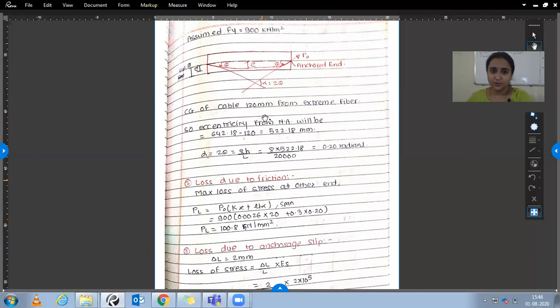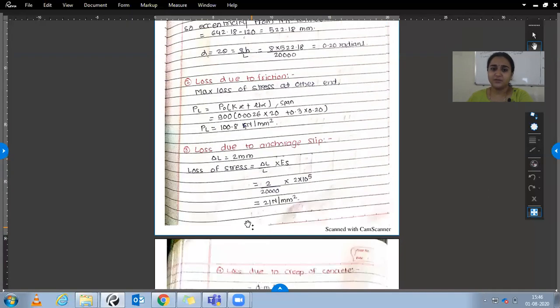P0 we have assumed, K value is given in the numerical, x is the span, mu is 0.3, it is also given, and 0.20 is the alpha value in radians that we have calculated here. So we will get the loss due to friction as 100.8 Newton per mm square.